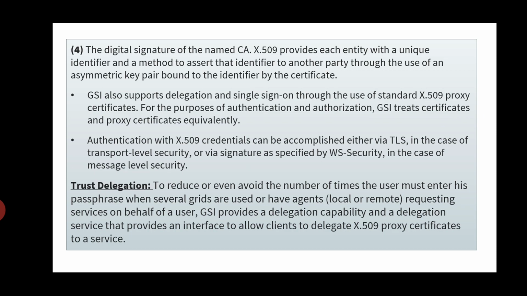Okay, this is the concept of mutual authentication: how the first person establishes a connection to the second person, and how Alice replies to Bob and Bob to Alice by using a certificate authority.